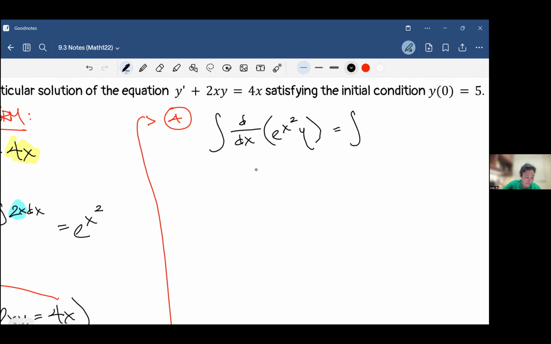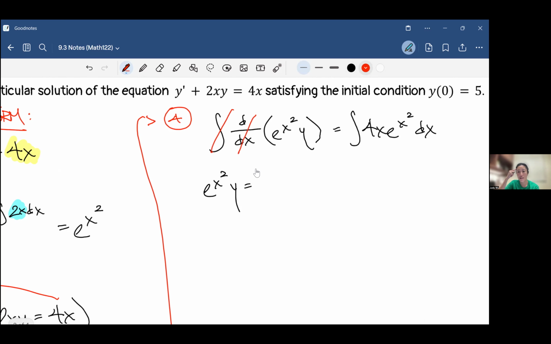So integral of 4x e to the x squared dx. Integral and derivative, those cancel each other out. So we get e to the x squared y equals, all right, how are we going to integrate the other side?